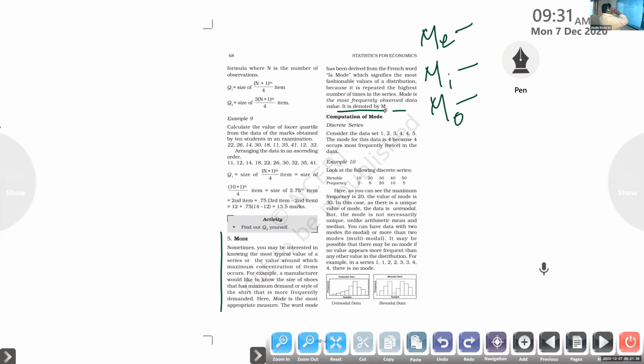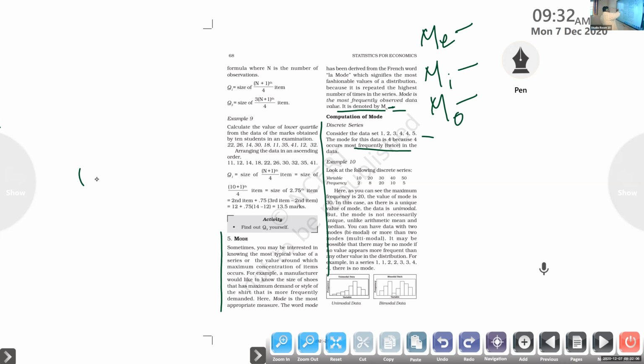The mode is the most frequently observed data in a set of data, and it is denoted with MO. For a discrete series, you know the data set 1, 2, 3, 4, 4, 5. The number 4 is repeated two times, the most frequent in the data, so the answer is 4.